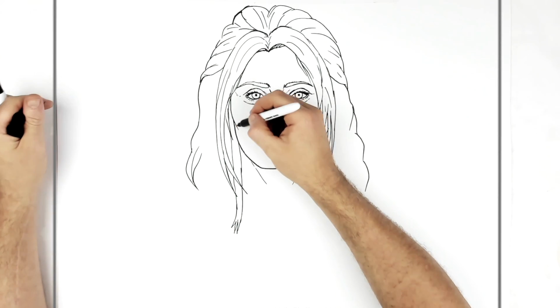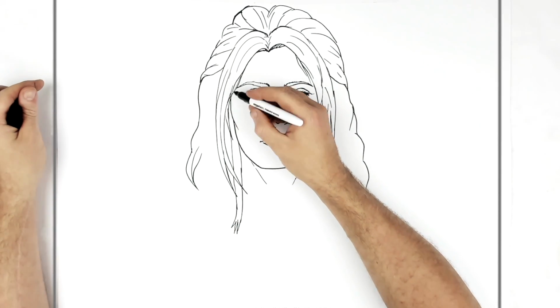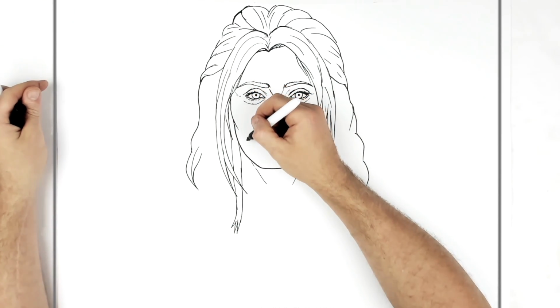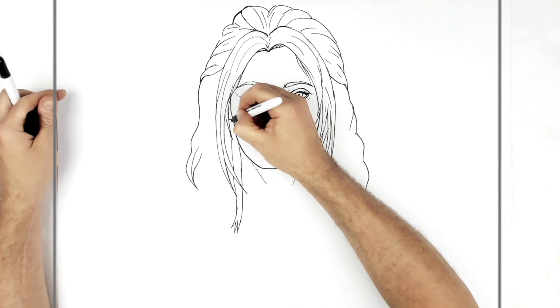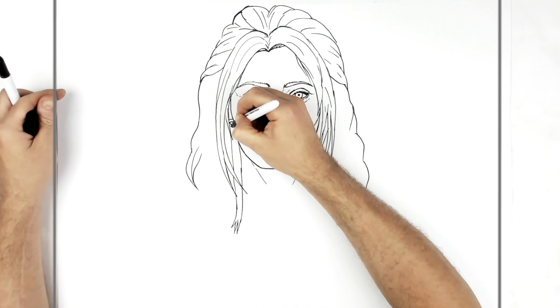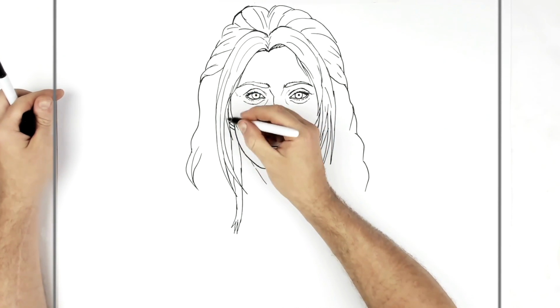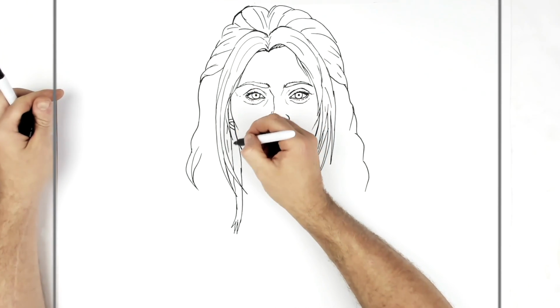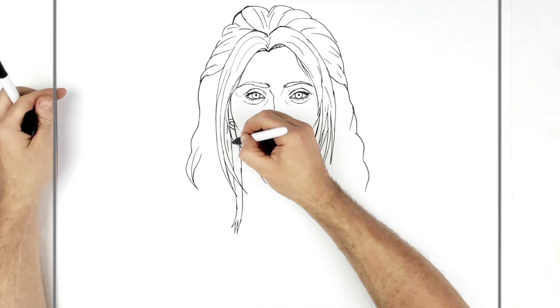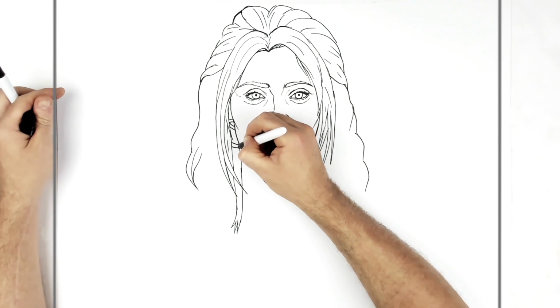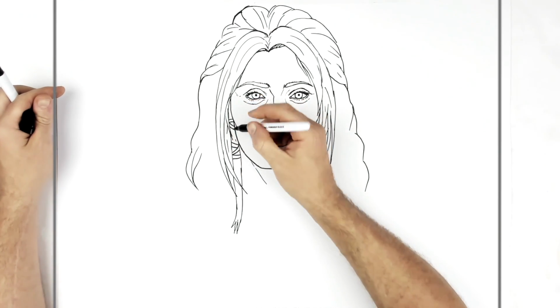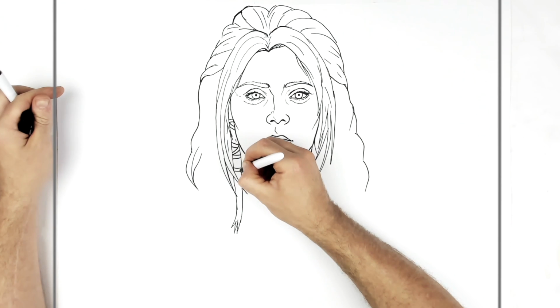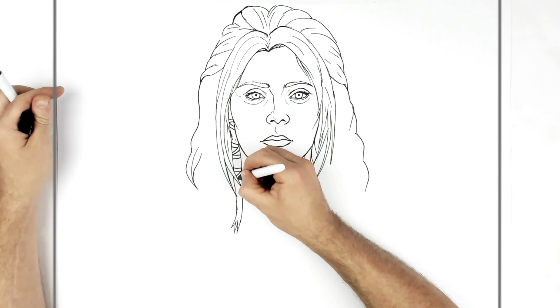So this braid is kind of wrapped in bandages or something. So we've got these crisscross things. Feel free to add more of these if you're looking for more authenticity in the hair. I'll just add whatever I can fit.